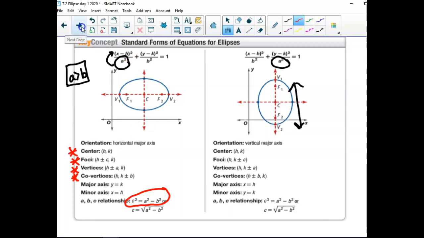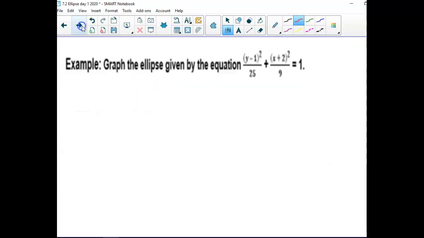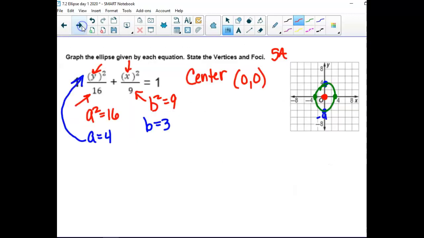So, now I'm going to talk about this conceptually. There is a formula there on your sheet, but where did we find the vertices, guys? The major axis was going up and down, right? Because the bigger number was under there. So how did we get up here?